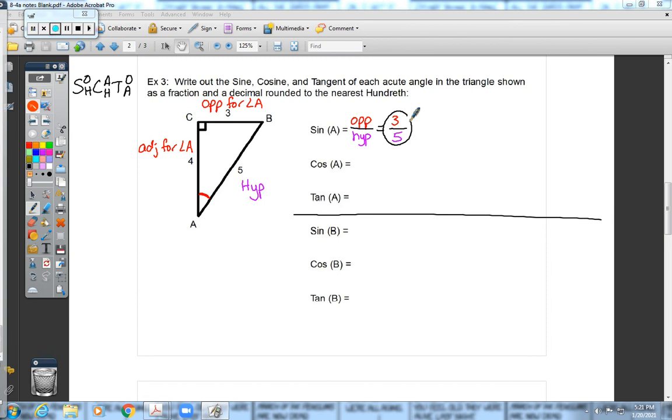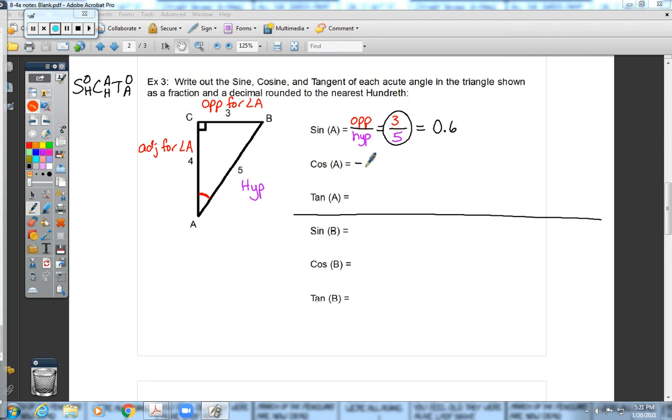It is the sine of angle A. It cannot be reduced, therefore it is the fractional answer. To turn that into a decimal, we simply take our calculator and do 3 divided by 5 to get the decimal 0.6, which is an exact answer, so we don't need to worry about rounding.